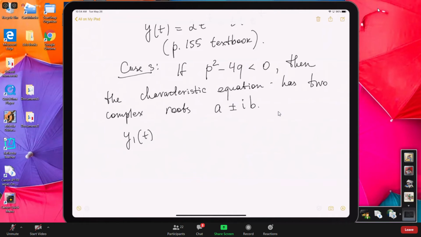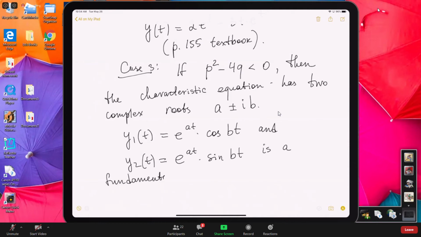So y sub 1 of t equals e to the at cosine bt, and y sub 2 of t will be e to the at times sine of bt. So this is a fundamental set of solutions.